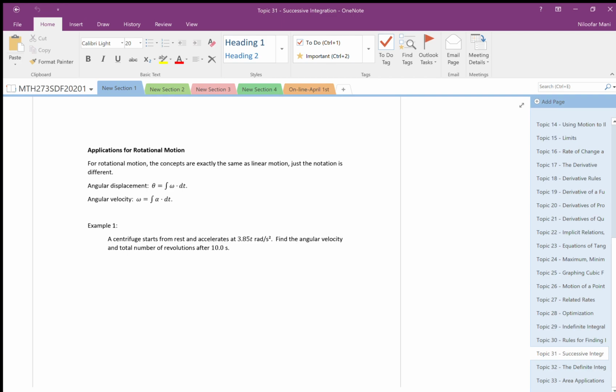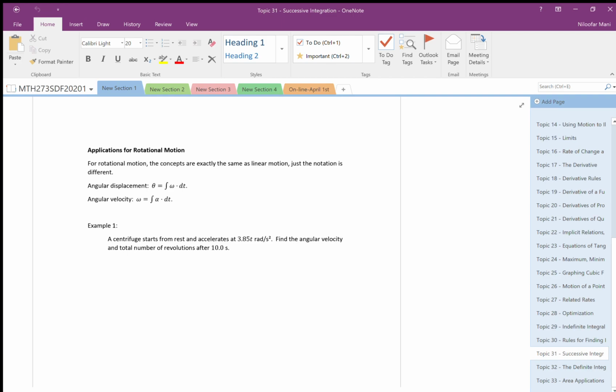So as I told you, we didn't study rotational motion, but in terms of velocity and acceleration, and going back using integrals, we can do questions.